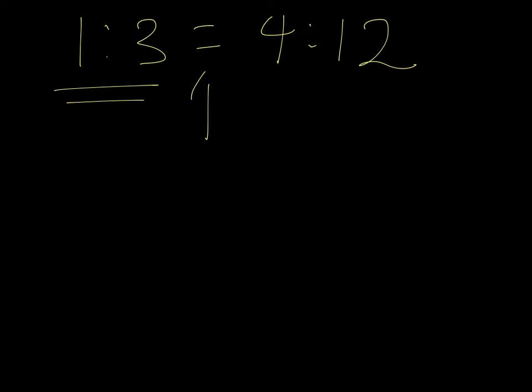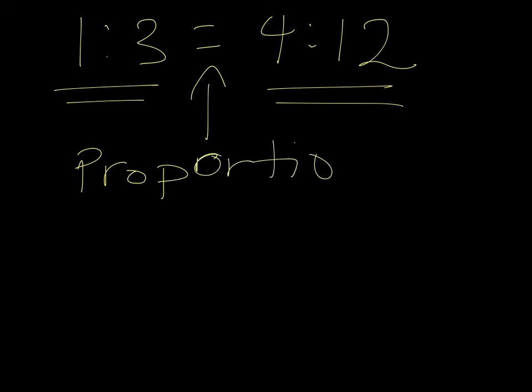Let's do another example. 1 to 3 is also equal to 4 to 12. And what I've done here is, because I have this equal sign here, this is called a proportion. When you're comparing one ratio to the other, that's called a proportion.